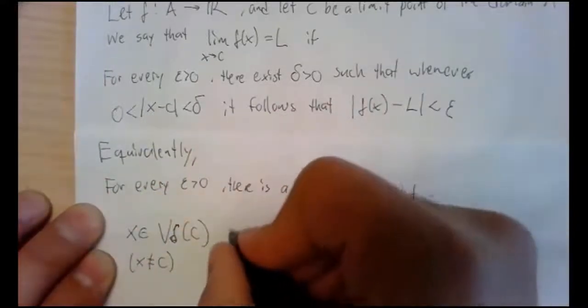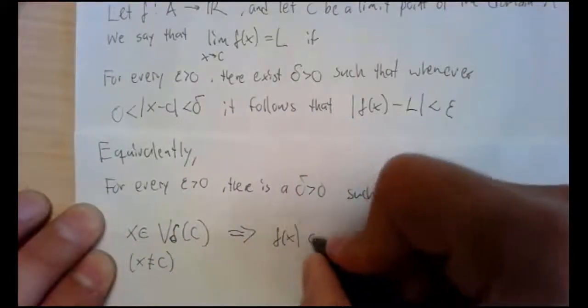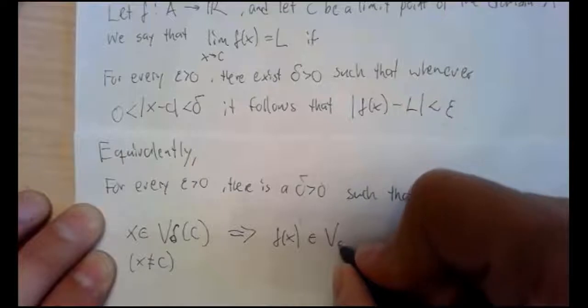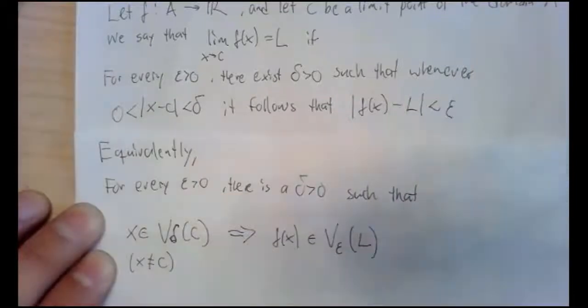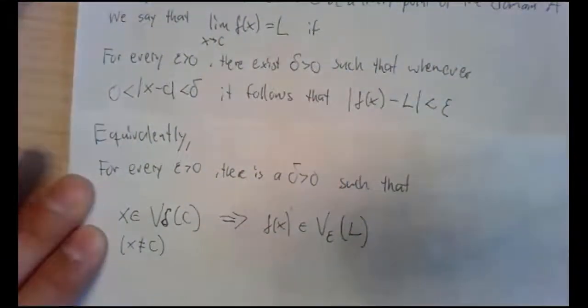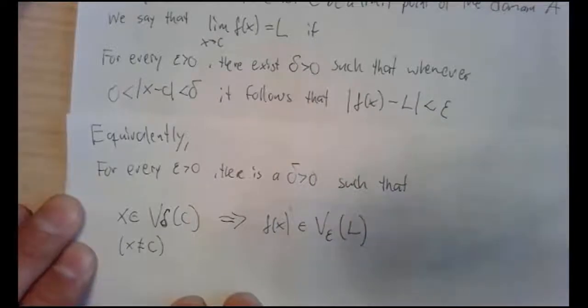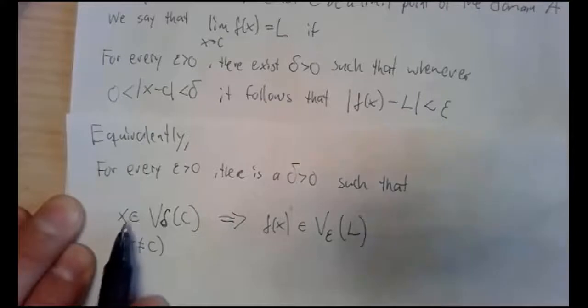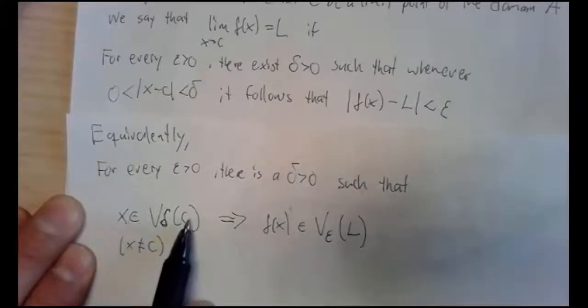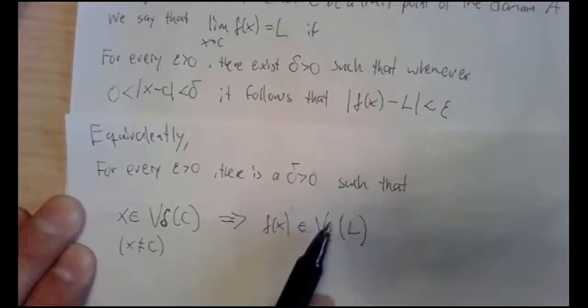So if this happens, then f of x belongs to the epsilon neighborhood around L, right? So you can see, this is a more natural way of looking at the concept of the limit of a function. It's telling you that if you have numbers in the delta neighborhood, they go inside the epsilon neighborhood, right?